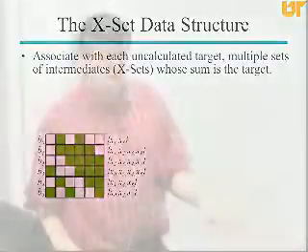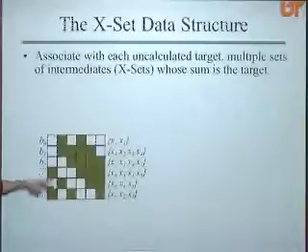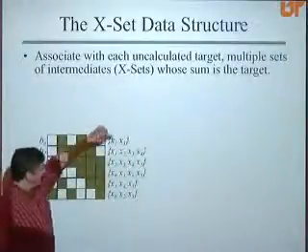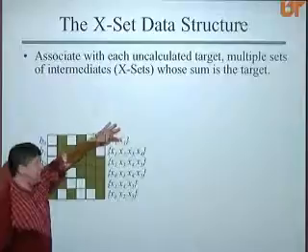The second heuristic, you've got to take a deep breath because the second heuristic's harder than the first heuristic. All right? The second heuristic associates a data structure, which I call an XOR set, with every element of my target matrix that hasn't been calculated yet. And what an X-set is, it's going to be a set of elements that are already in your schedule.